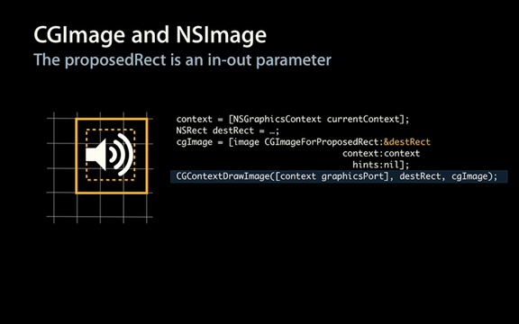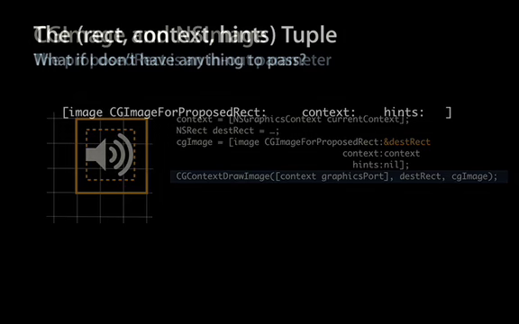So how does this end up working? It sounds a little harder to explain, I think, than it is in practice. But the deal is that if you pass this rect to the method, and when it comes back, if you draw the CG image in the rect you get out, that's the same as if you had drawn the NSImage in the rect that you passed in. Whatever. It works okay in practice, I think.